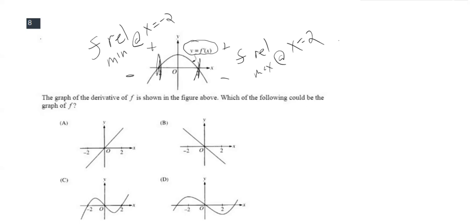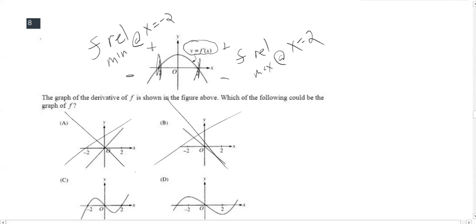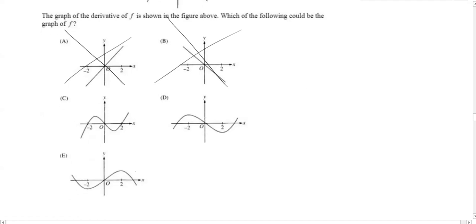So if I know these characteristics, I'm going to have a relative min at negative 2, relative max at x equals 2. These two are out because they're linear. This one is out because the max and min are not at 2 and negative 2. Now, E and D both have extrema at 2 and negative 2.